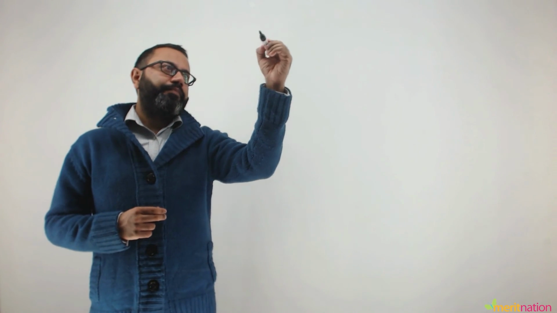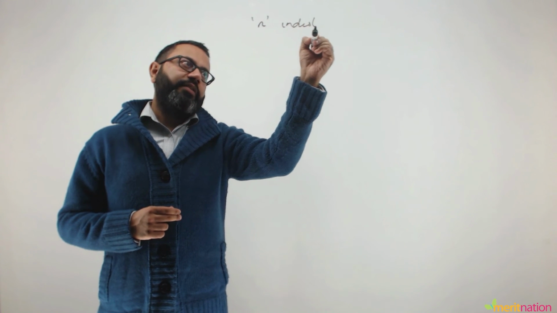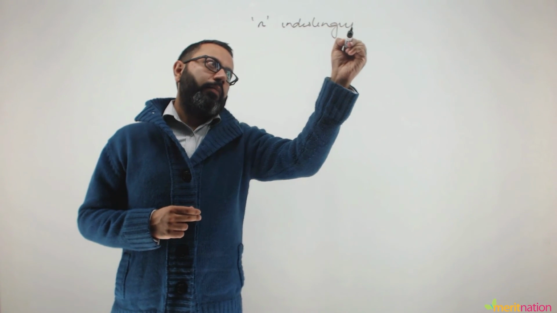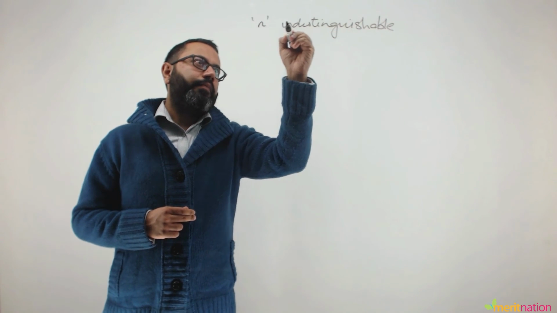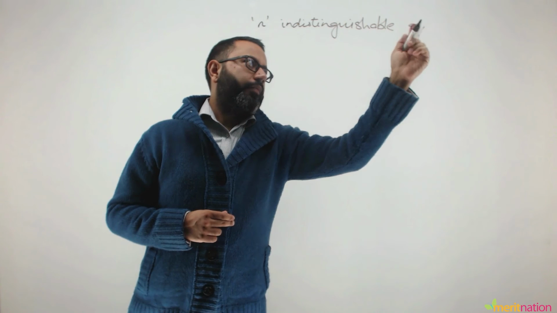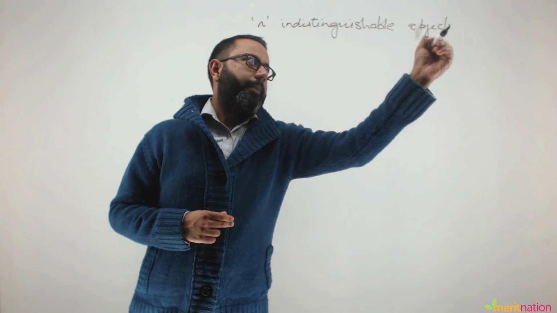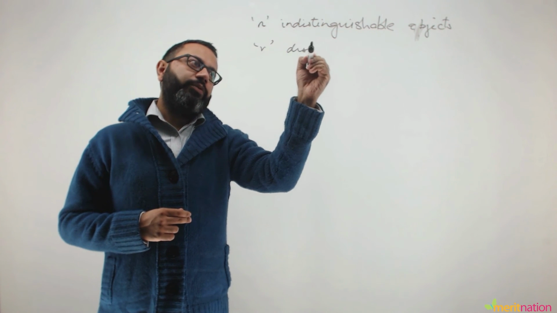So here's our case. N indistinguishable objects are to be divided across R distinguishable boxes.